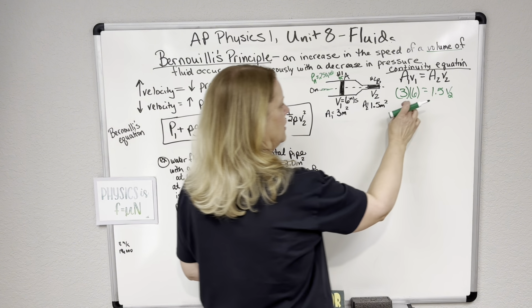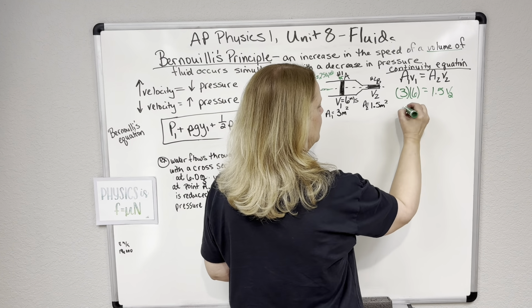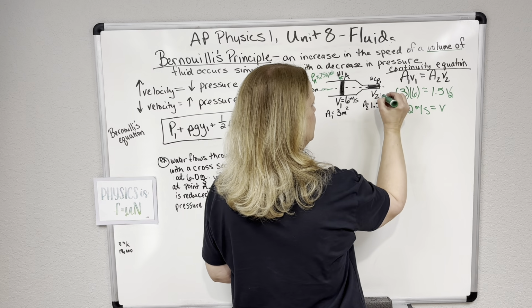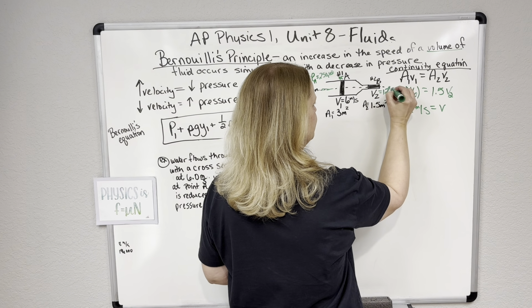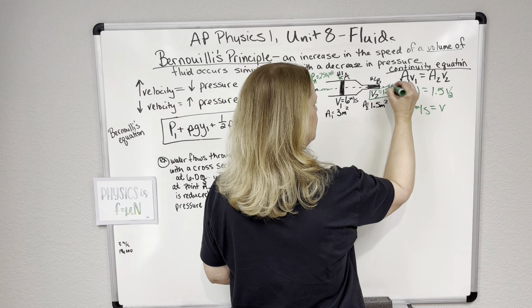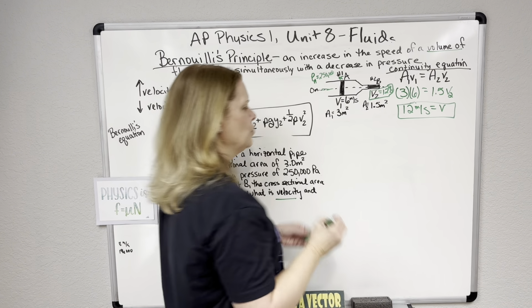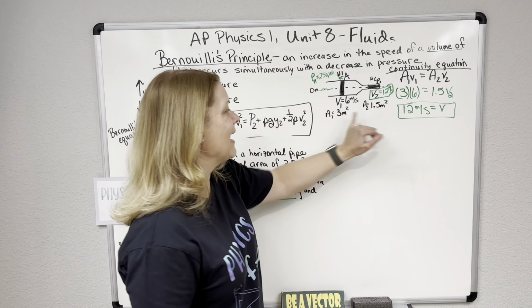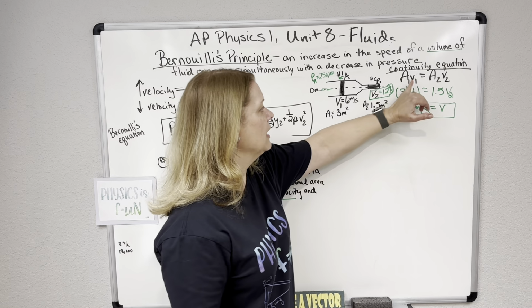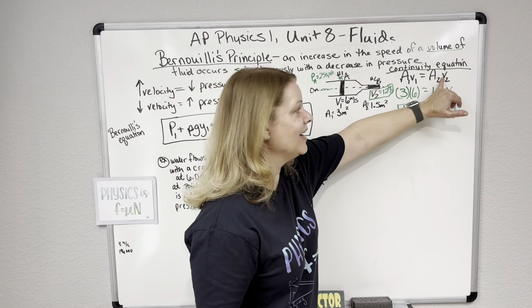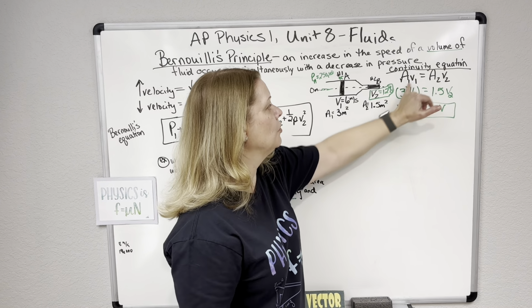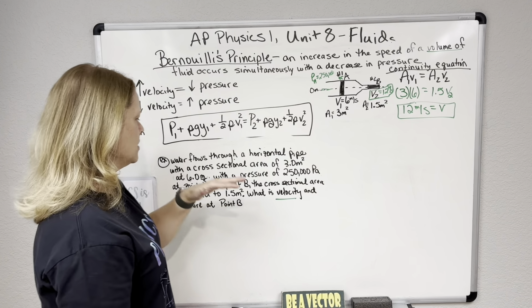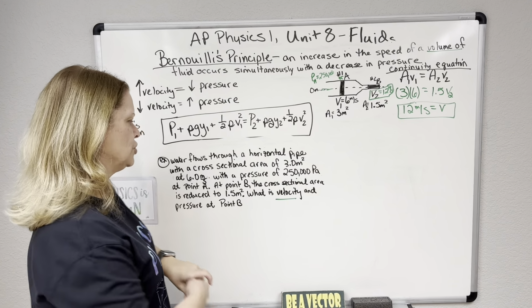Well, 18 divided by 1.5, and you get 12 meters per second as your velocity at this point. We could have known that without writing out the math. If I halve my area, I've got to double the velocity for it to equal this side. Perfect. Now that we know the velocity is 12, check, we've done that.